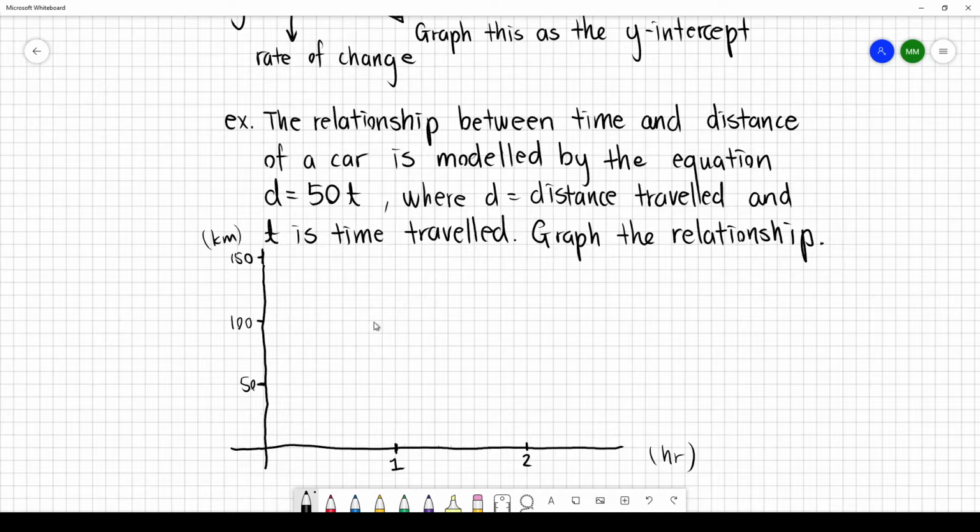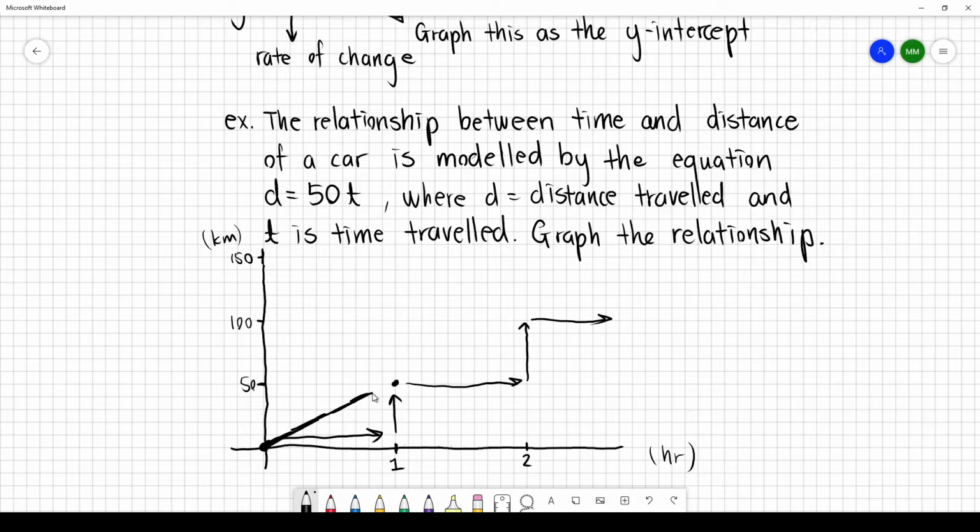So the slope is 50. That means when it goes across 1 hour, it goes up 50. Goes across 1, goes up 50. And just keeps going. So across 1, up 50. And then the y-intercept is 0. I didn't include a, so it's just 0 here.